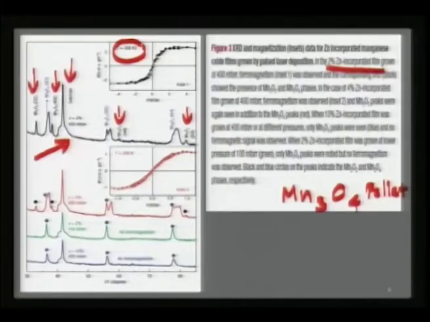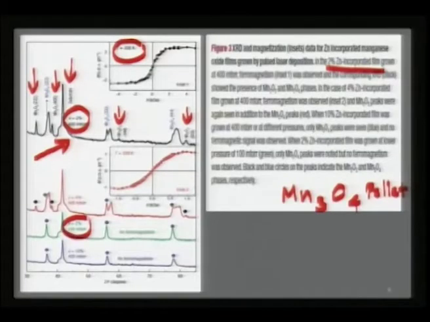Now, if you try to monitor what exactly the mechanism is, this is for x equal to 2% zinc doped at 400 millitorr. Suppose for the same zinc composition, I deposit at 100 millitorr instead of 400 millitorr of oxygen pressure.